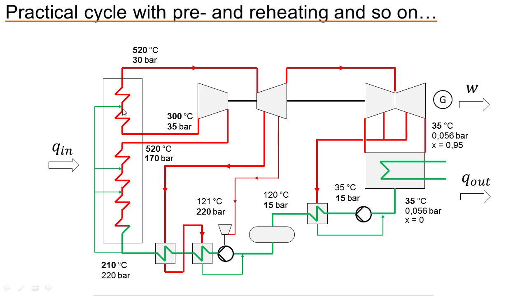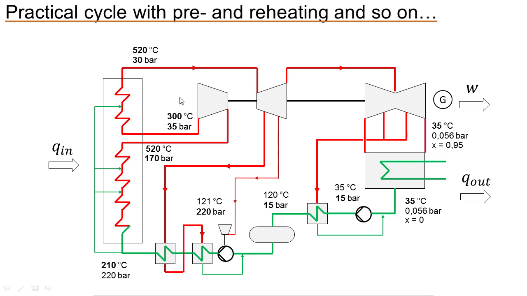You just put in water here to control the output temperature of your reheater. Using this water is bad for the efficiency, so it's important not to use a lot of water here. You have to design your power plant to get a high temperature here without using water here.